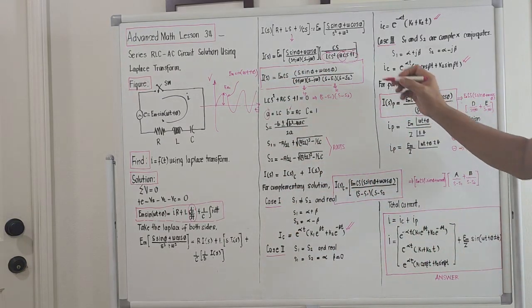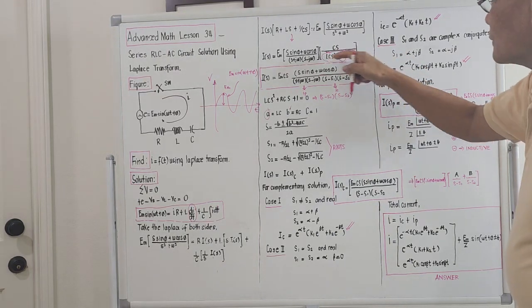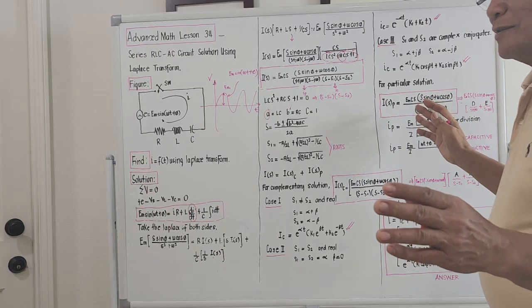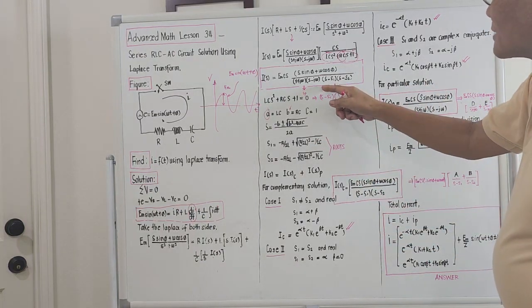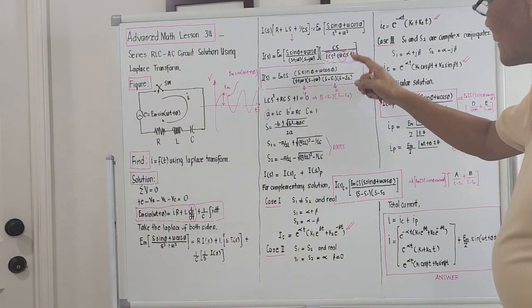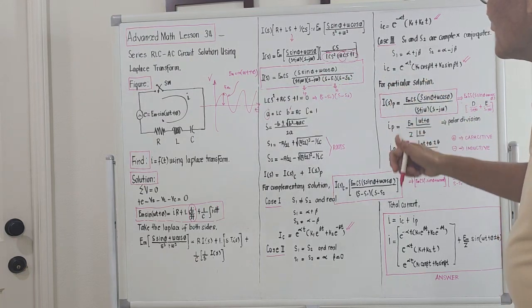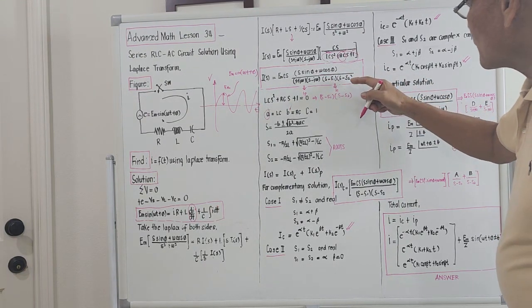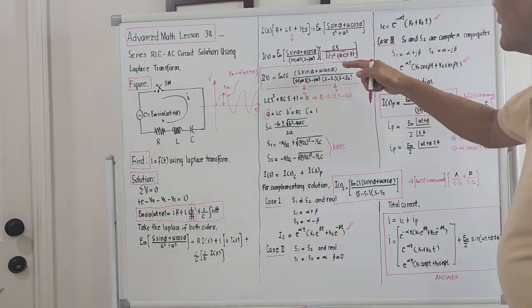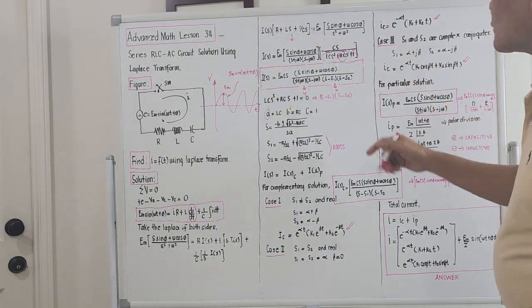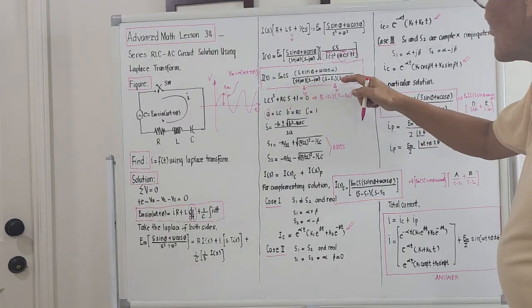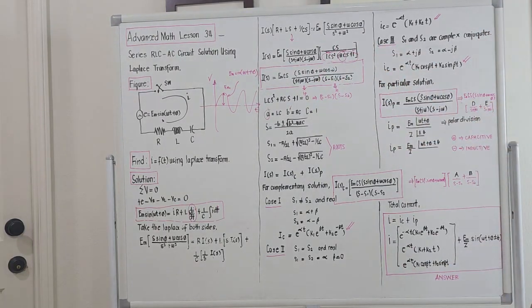So actually, this quadratic equation, the simplified form will be S minus S1 times the quantity S minus S2, meaning S1 will be the first root of S, and S2 will be the second root of S. So this quadratic equation has two roots, so I just place it as simply S minus S1 times the quantity S minus S2.